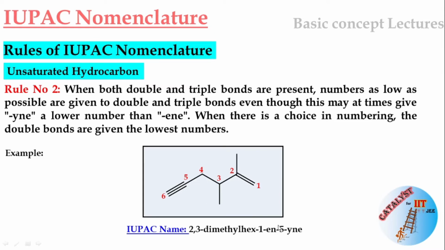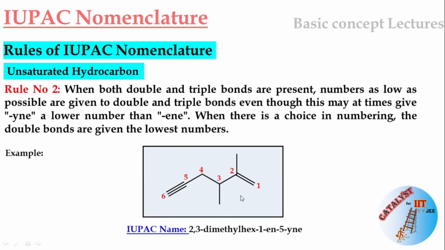You might wonder where this ene has gone. According to the rules, you have to eliminate this e while writing the whole name. So your collective IUPAC name is 2,3-dimethylhex-1-en-5-yne.